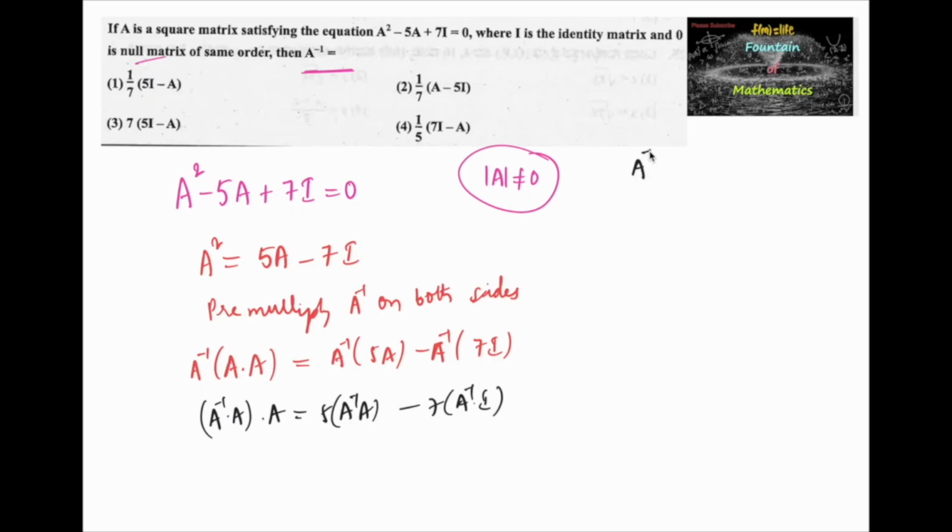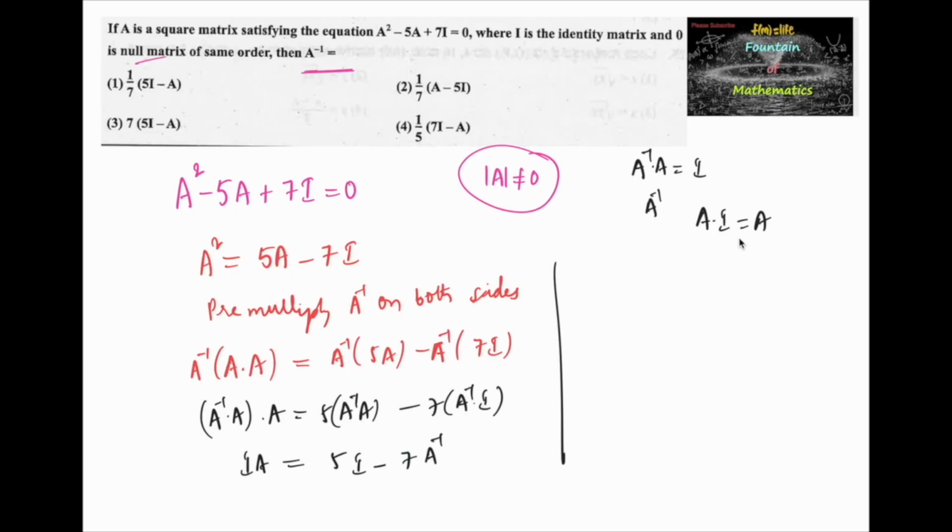We know that A inverse into A is equal to identity matrix. So IA is equal to 5 times of I minus 7 times of A inverse into any identity matrix, or A into identity matrix is equal to A. So we can write A inverse into I will be A inverse.